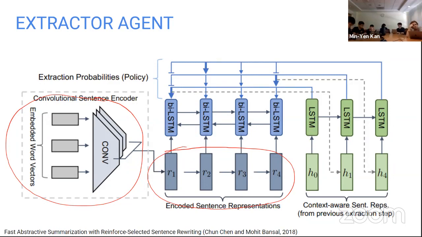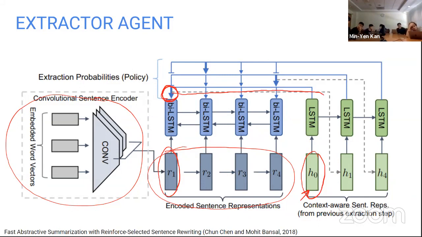Then you pass it through a BiLSTM, and you're going to produce, as Taha said, at each time step, a particular sentence representation that represents one of the sentences, not all of them. So for example, this H0 represents R1 because the attention is focused on the first sentence. That represents this dotted arrow over here.